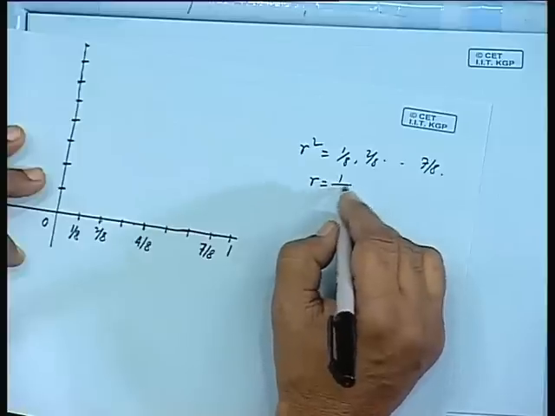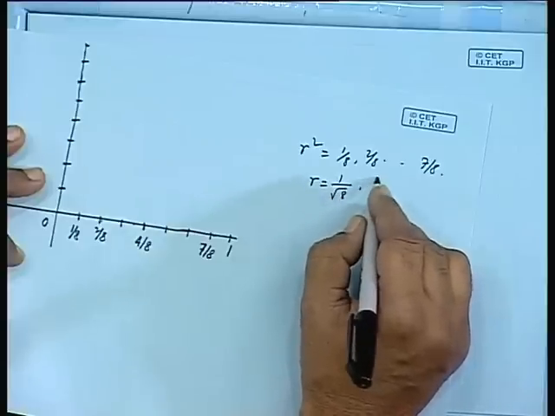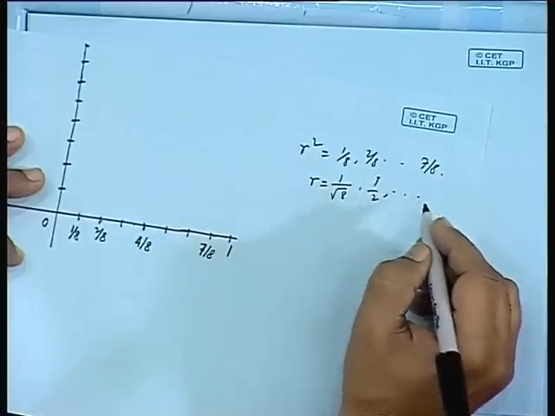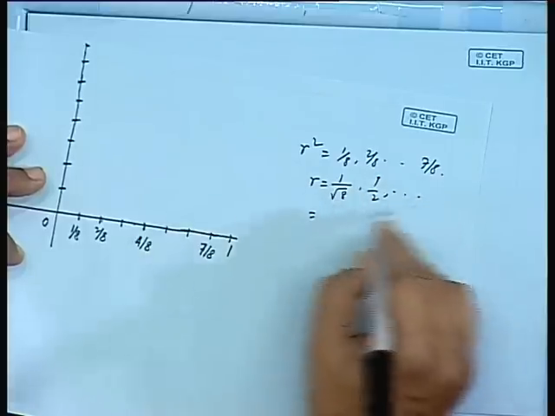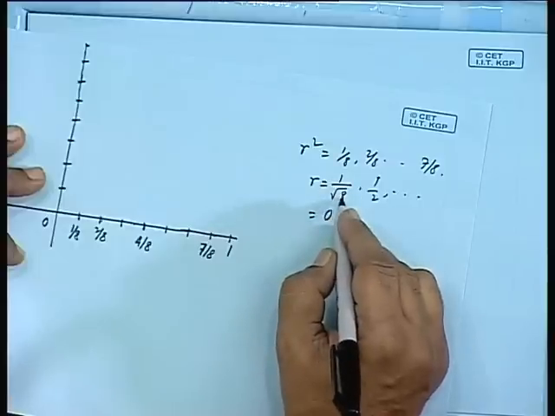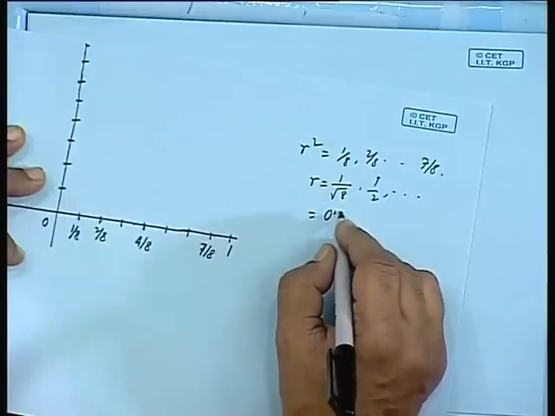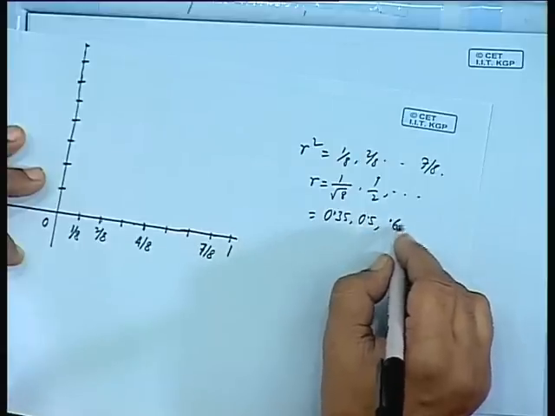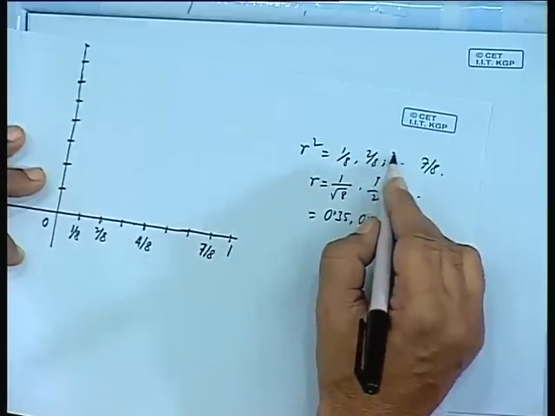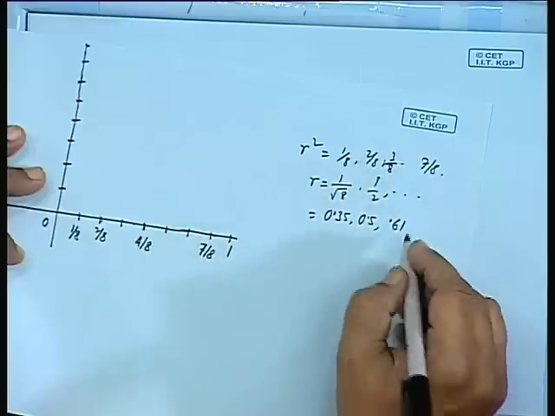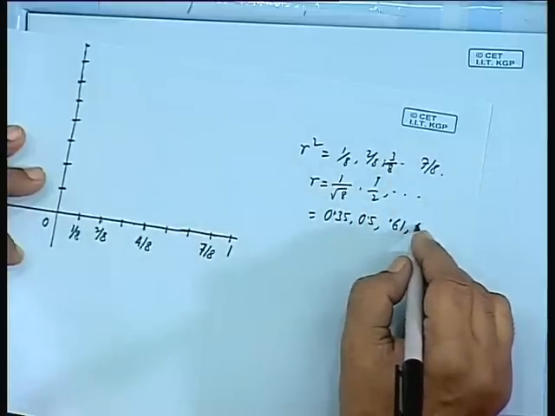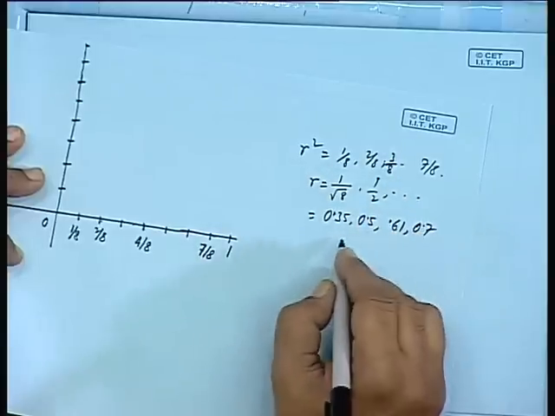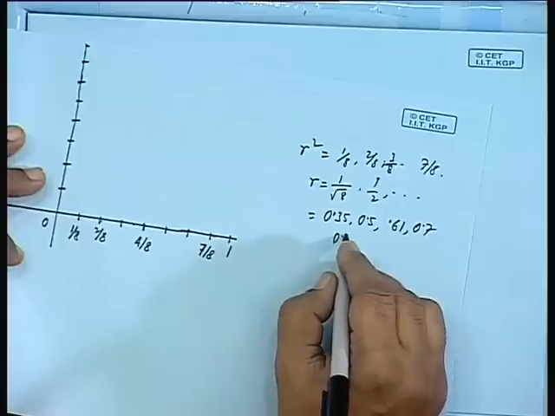So, what would be the values of r? It will be 1 by root 8, 2 by root 8, that is half, and so on. If you check, approximately 1 by root 8 is 1 by 2 root 2, so approximately 0.35, 0.5, 0.61, which is the square root of 3 by 8, then 4 by 8, so 1 by root 2, 0.7, then 0.79.